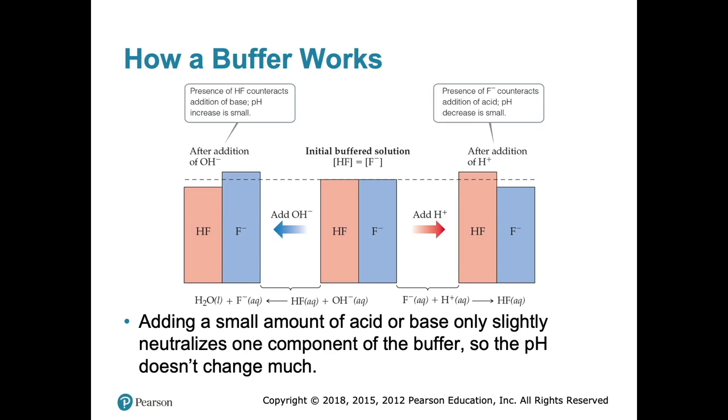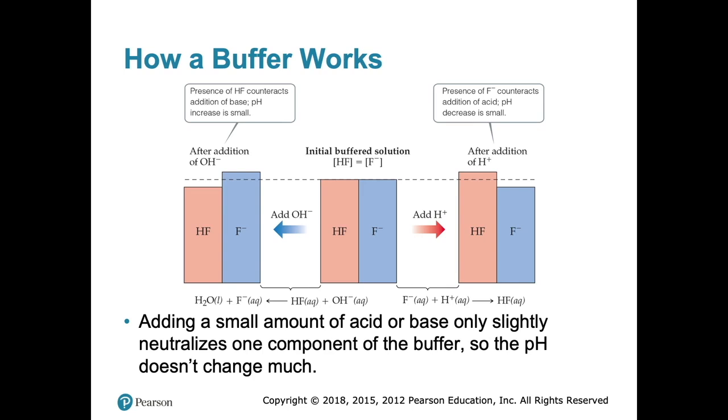And it happens the same way on the other side too. Again, we have a concentration of hydrogen fluoride, and then we have the fluoride ion. But if you add in some hydroxide, then the hydroxide will pull off the proton from hydrogen fluoride, making water and more fluoride ions, but neither water nor fluoride ions actually increases pH.